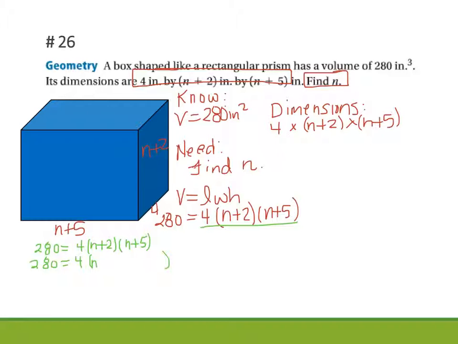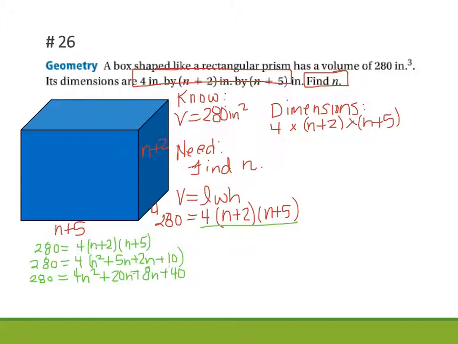So that would give me n squared plus 5n plus 2n plus 10, like that. Okay, now notice that I just used the FOIL method to multiply those out. Now my next step is going to be to distribute the 4. So that would give me 4n squared plus 20n plus 8n plus 40.